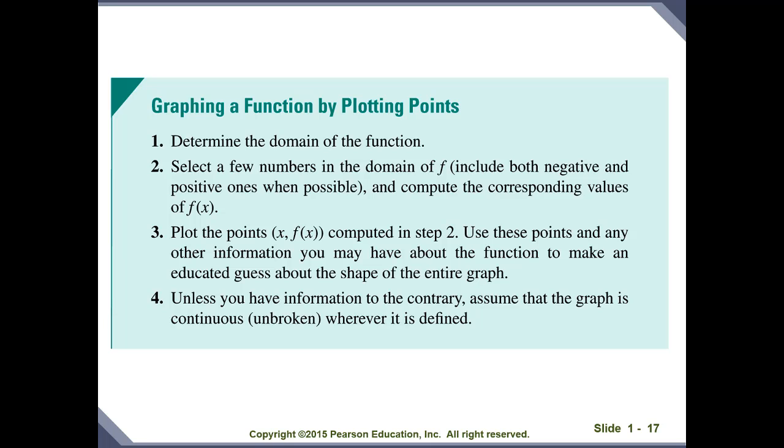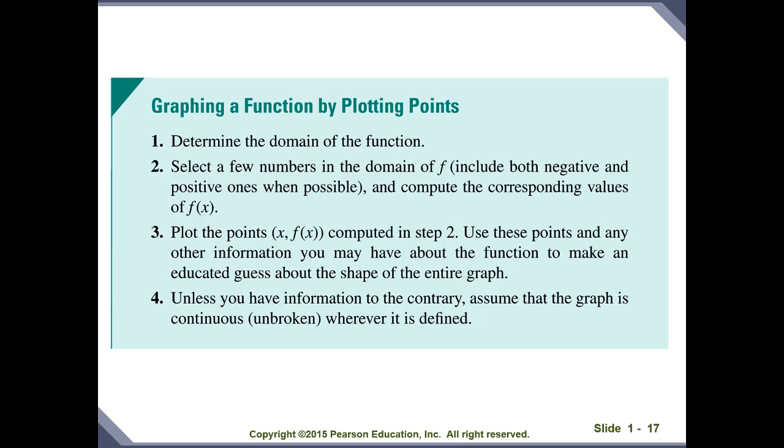The next thing we talk about in this section is graphing a function by plotting points. To do this, the first thing we want to do is determine the domain of the function, as we did in chapter 3, section 1. And then we want to choose several numbers in the domain of f. If possible, if they are in the domain, we always want to include some negative numbers and some positive numbers.